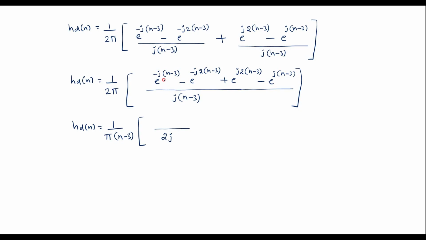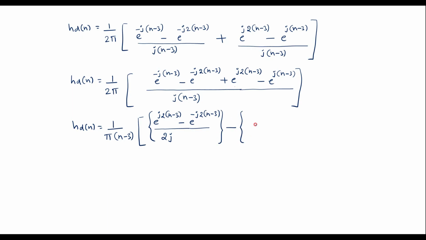Now I will write these numerator terms: first e power j 2 of n minus 3, then minus e power minus j 2 of n minus 3, and I will consider this as one bracket.